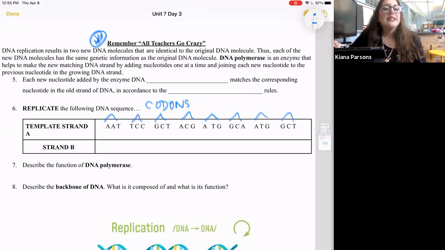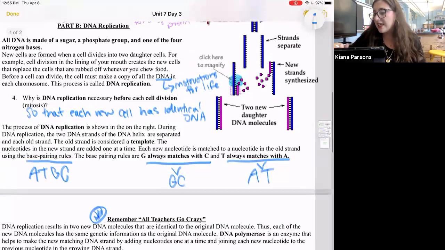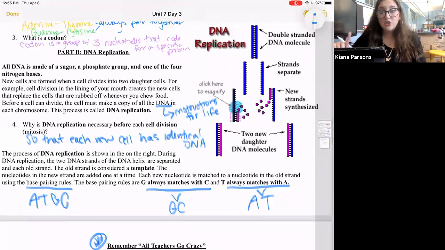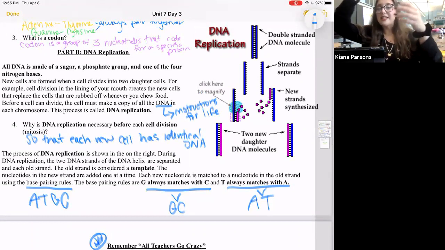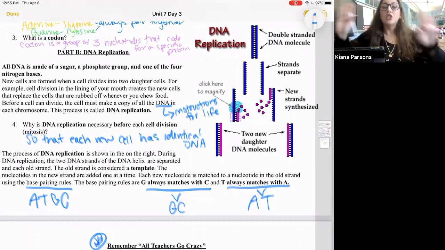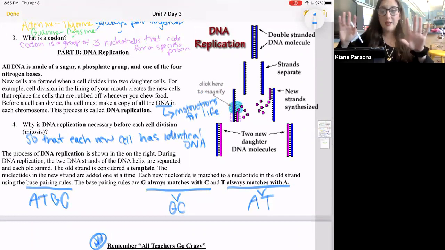So DNA replication results in 2 new DNA molecules that are identical to the original DNA molecule. There's the 1 original strand, it gets unzipped into the 2 template strands, and then the new nucleotides are added one at a time based on the base pairing rule to create 2 new daughter DNA molecules.